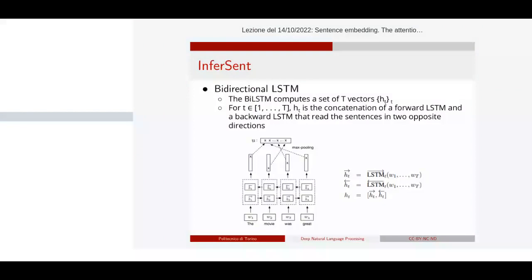It tries to capture to some extent also the position of the word within the text, but since it relies on an LSTM architecture, it suffers from long-term dependencies. It misses long-term dependencies.